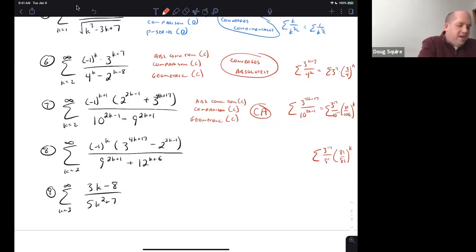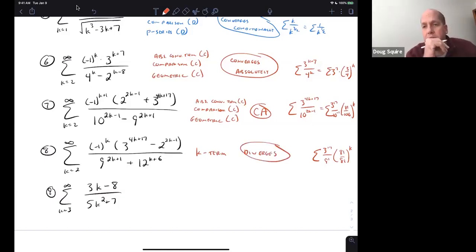So that's going to diverge because of the k-term test. So the limit of the sequence there is not 0. So then the whole thing diverges. Is everybody clear why? Any questions?